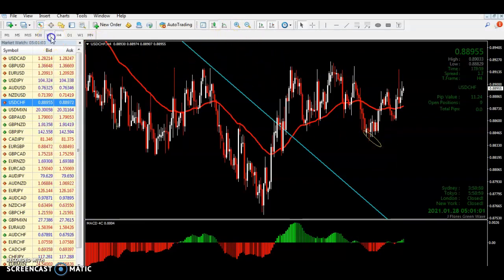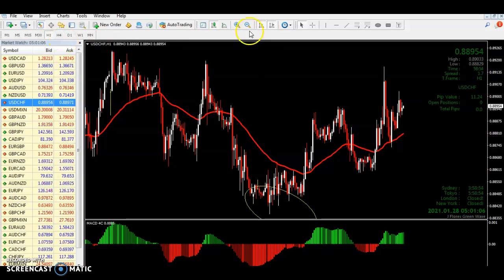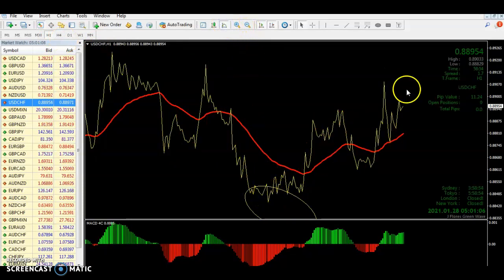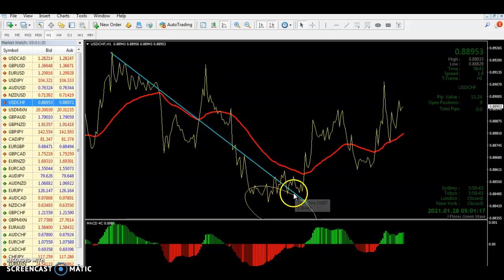If I'm in front of my computer and I have time, I can probably trade these moves right here, because all I do is pick my trend line from this point and go through there, and if I see that it's broken and gets retested, as it's doing a retest, I will definitely trade it. But sometimes I don't get these fast moves because I'm not in front of my computer all the time, you know.